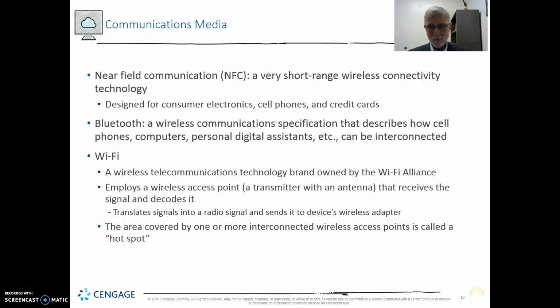Wi-Fi is a brand name, even though we probably use that term more than local area network. It's owned by the Wi-Fi Alliance, a group of major corporations that dictate what equipment works together.